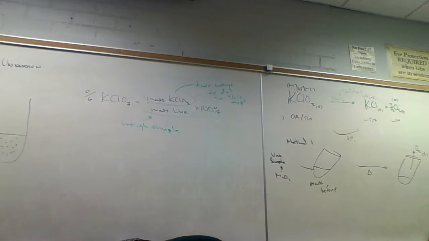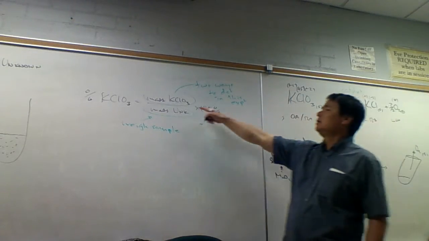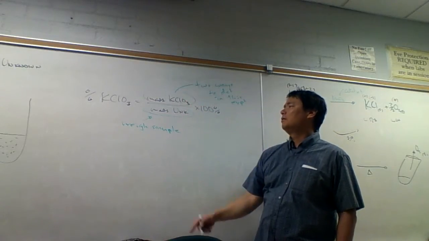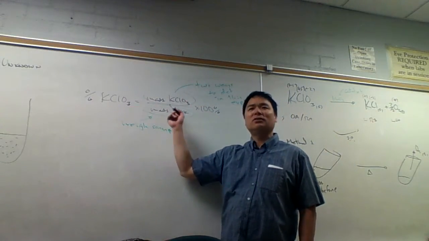So this is the mole ratio from the balanced chemical equation. And from the moles of KClO3, we can go to the mass of KClO3. From the mass of KClO3, we'll just plug that into this equation and solve for what the percent KClO3 in the unknown is.